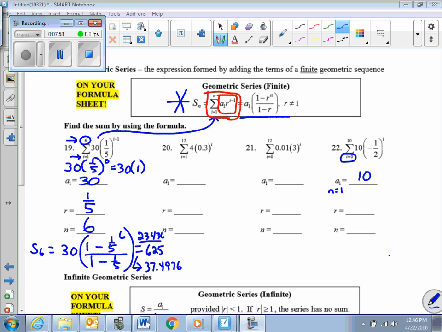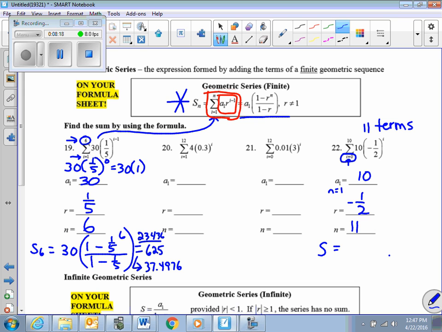R is negative 1/2. But guys, what we have to be aware of here is that since we're starting with 0, we actually have 11 terms here. 0 through 10 is going to give us 11 terms. So when we go to do this by hand, we got to be very careful.